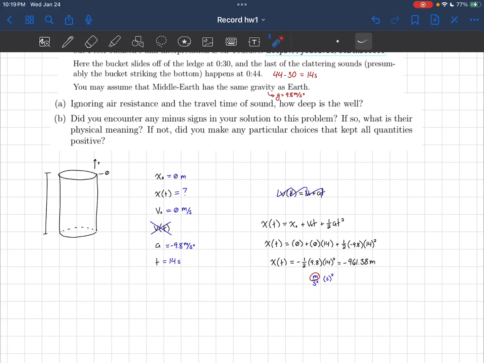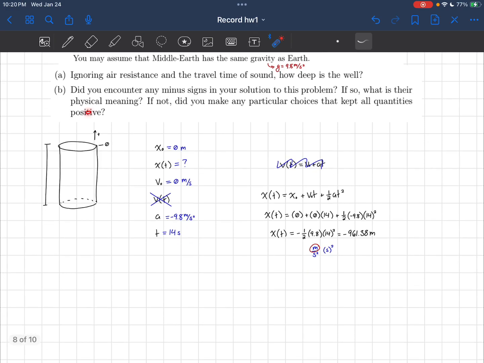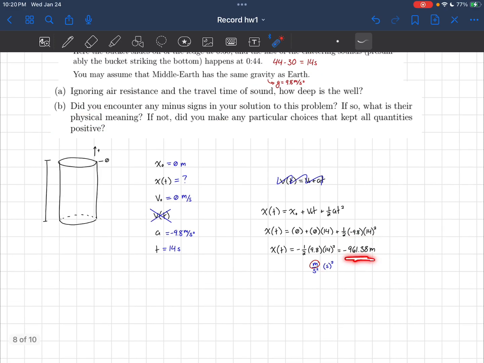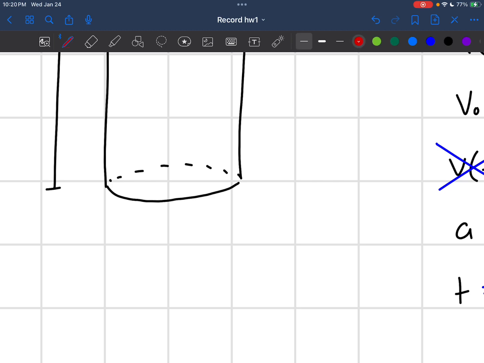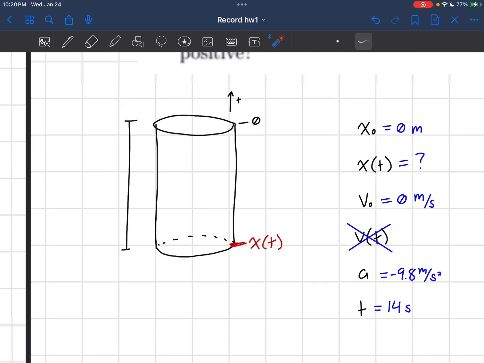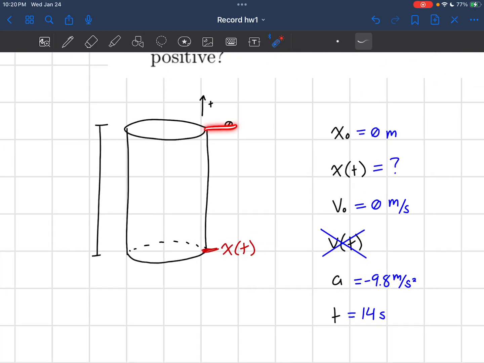First thing it asks after we finish our solution, we want to be interpreting our answer. Make sure it makes sense in the context of the problem. Did we encounter any minus signs? Yes, we did, right at the end. What is the physical meaning? Well, the physical meaning says that my position, which I said down here was my x of t, my position after some time t, is in the negative direction.